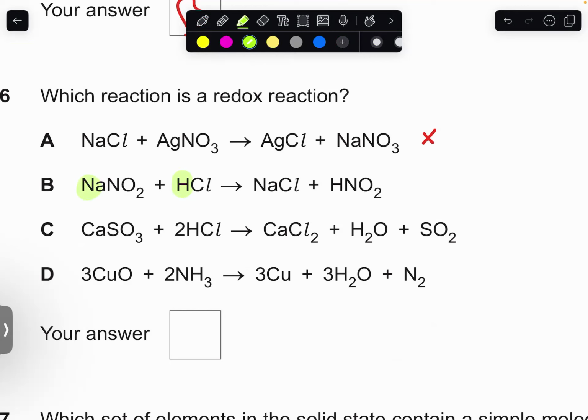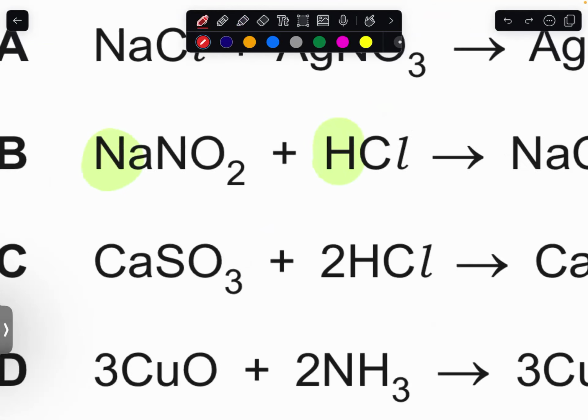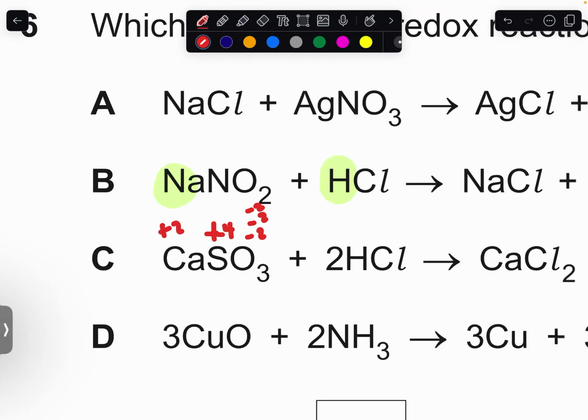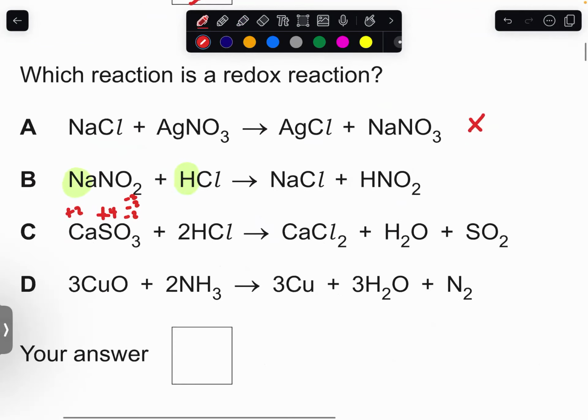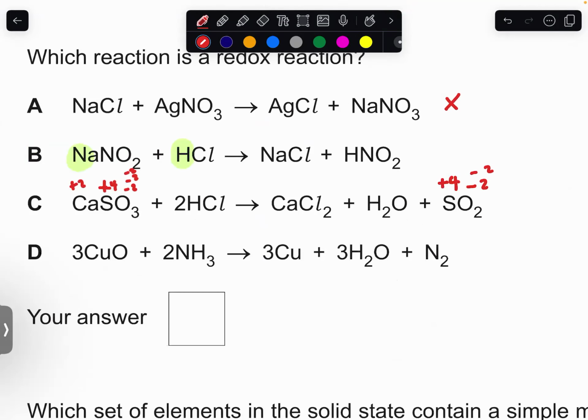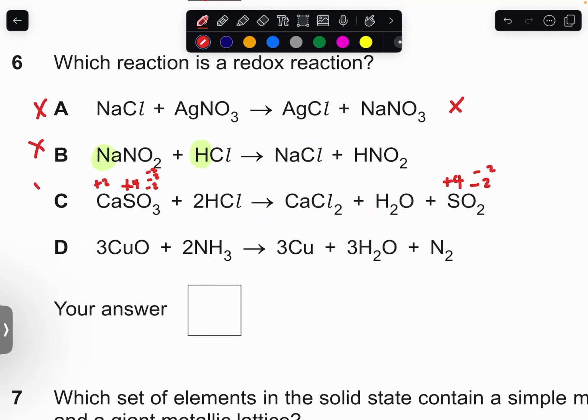Let's look at C. The sulfur has an oxidation number of, well, that's -2, -2, -2. That's +2. So sulfur must be +4. If sulfur is +4 there, hydrogen doesn't change, chlorine doesn't change. Here, oxygen is -2 each, and sulfur must be +4. Yep, no change. So it's not the first 3.